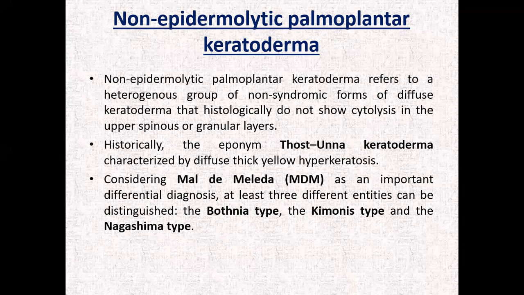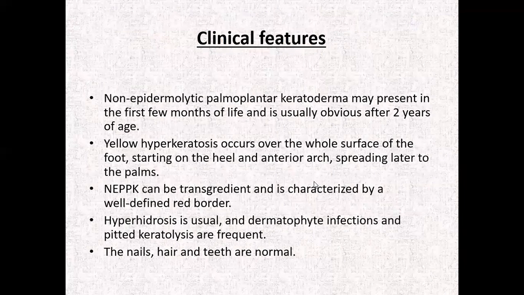Then there is another keratoderma which is multimellida, which is an important differential of non-epidermolytic palmoplantar keratodermas. There are three different entities which are seen in this multimellida, that is Bothnia, the Kimonis, and the Nagashima type. It is not required that you should remember these names. Just the Thost Anna and multimellida are sufficient.